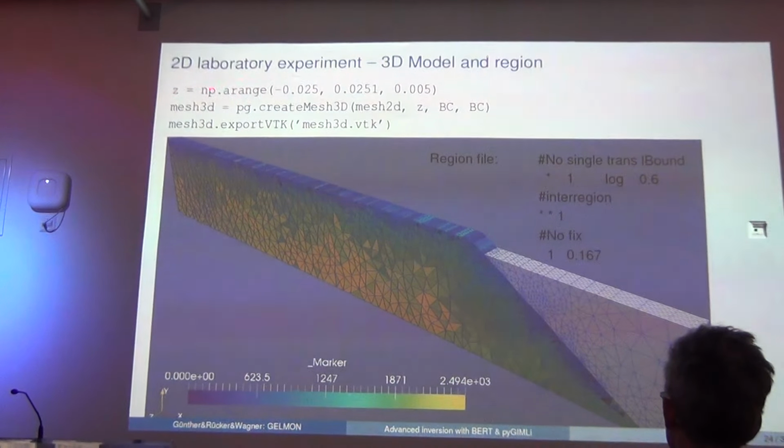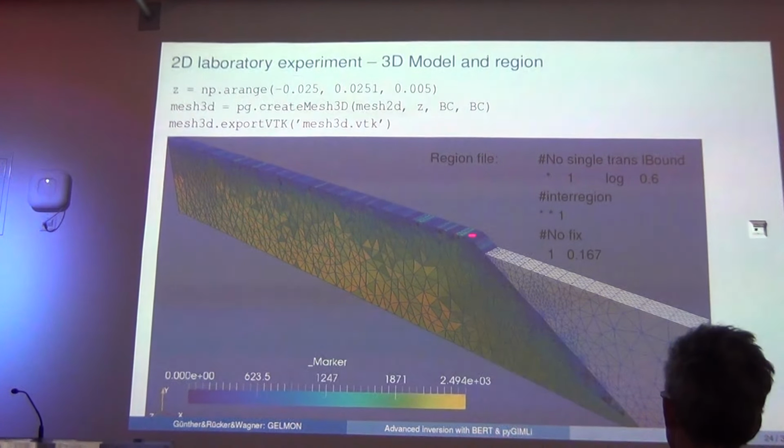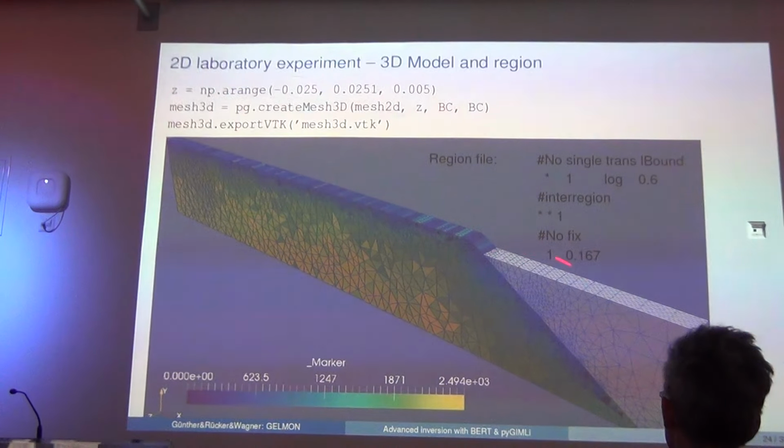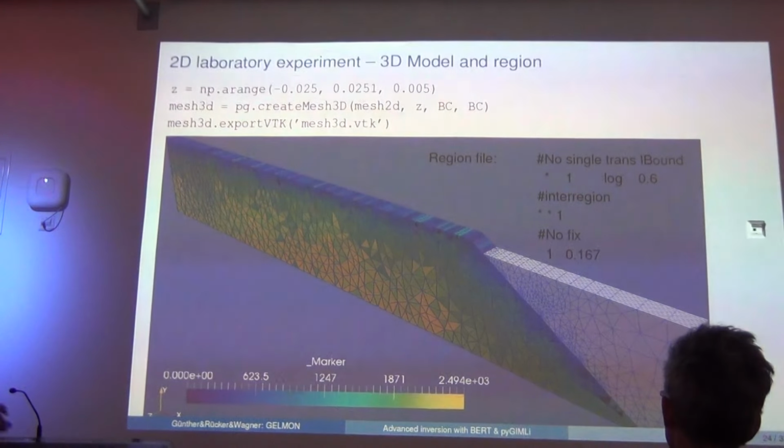Actually, it's a Y vector, which goes from minus 2.5 centimeters to plus 2.5 centimeters, so that the electrodes are in the middle, like they are in real life. And you just create a 3D mesh by using this 2D mesh and the vector. In the end, you obtain a triangular prism mesh, where you have a water body sitting here, because you know something about water.